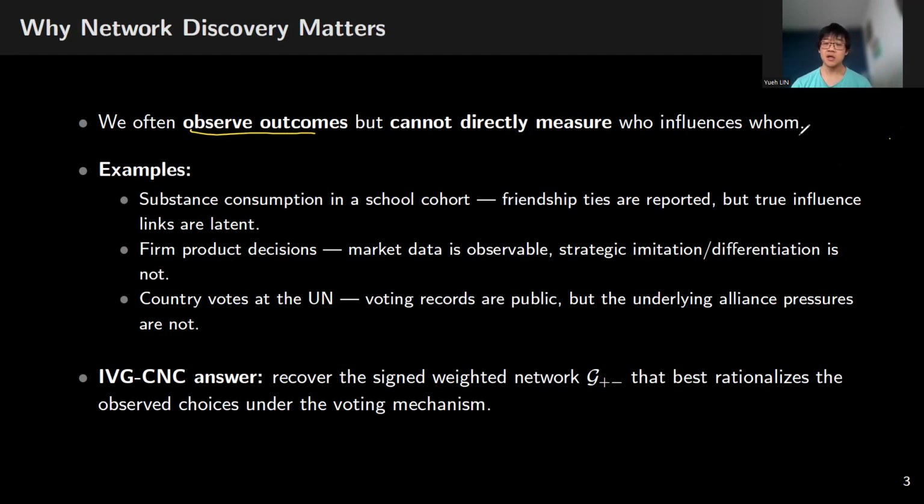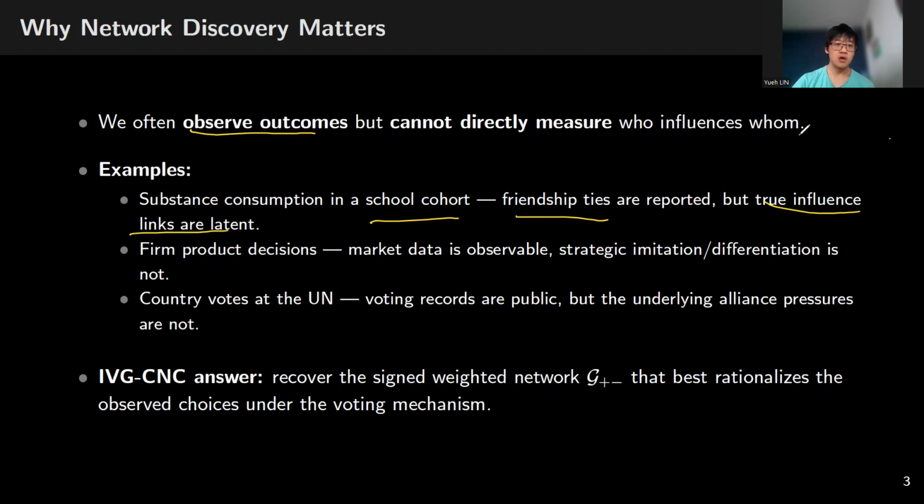For instance, in school settings where students are affecting each other in an implicit way, how does the consumption of some substances affect individuals? In this case, we know the friendship or the link between the students. We know which students are in the same class, how close they are in terms of geographical locations, but we don't know how true influence links are presented between those students.